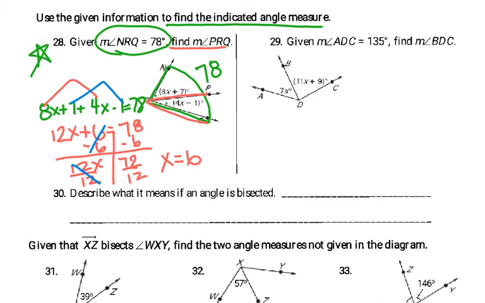So if we take the 6 and plug it right in for x, we have 4 times 6 minus 1, 24 minus 1 equals 23 degrees for the measure of angle PRQ.